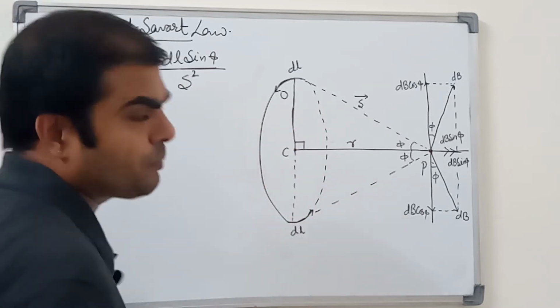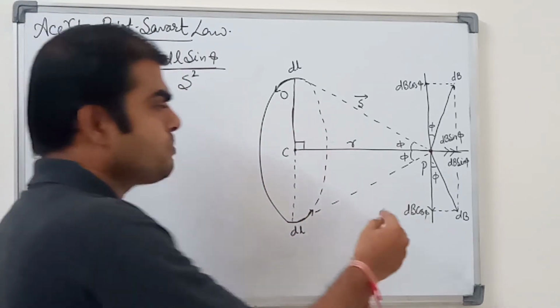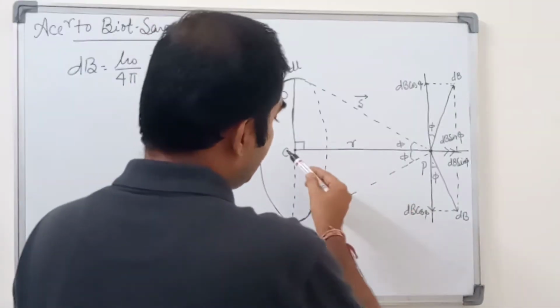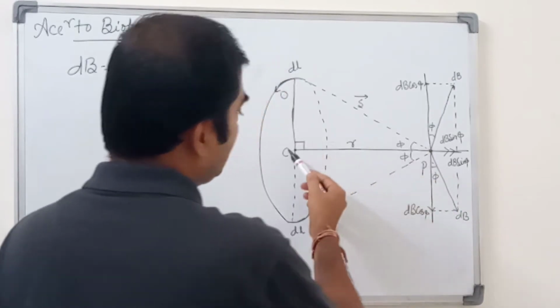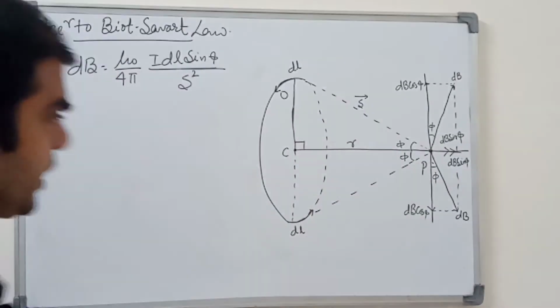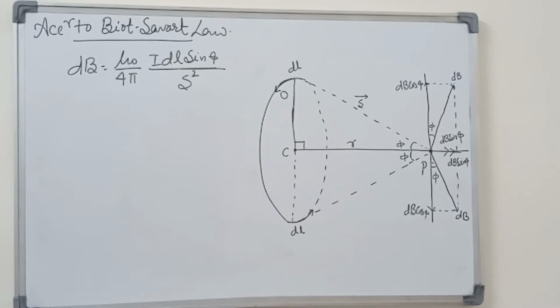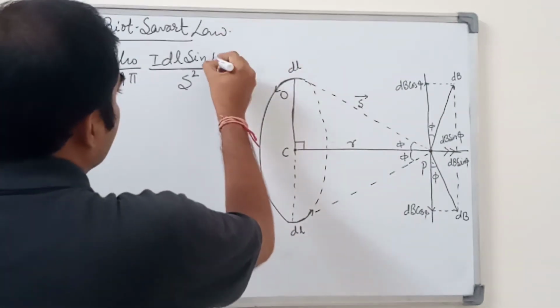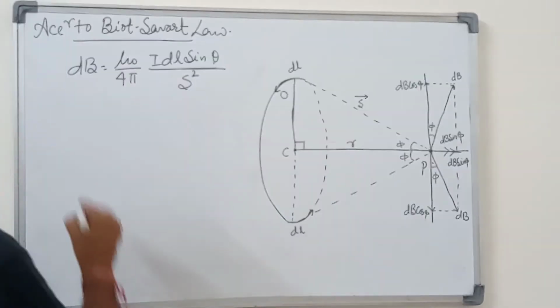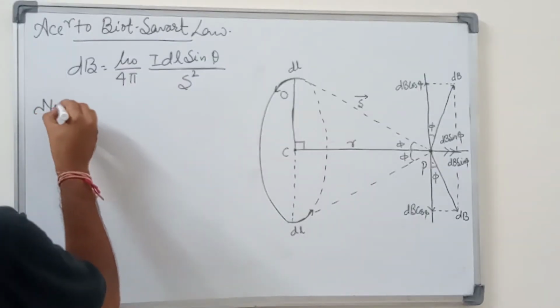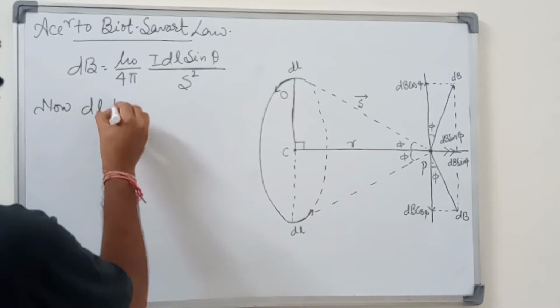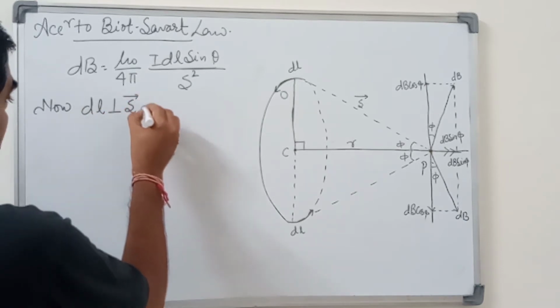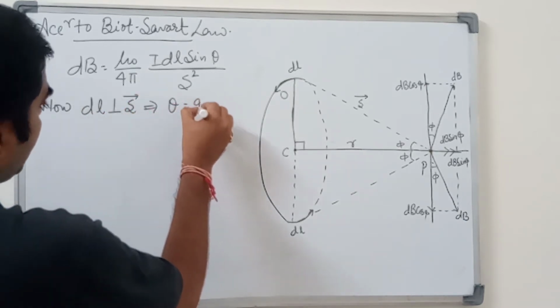Here s is the position vector and r is the distance between the center C and point P. There is an angle theta created here, and dl is perpendicular to s, so theta is equal to 90.